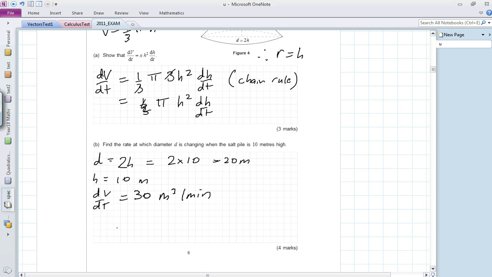So rearranging this formula now, we can get that dh/dt is going to be dV/dt divided by pi times h squared, and h is 10, so times 10 squared.